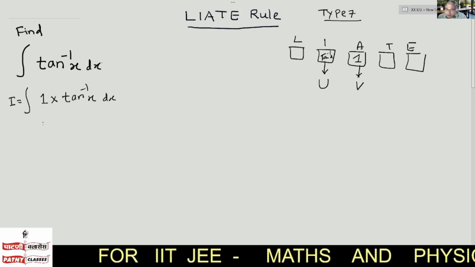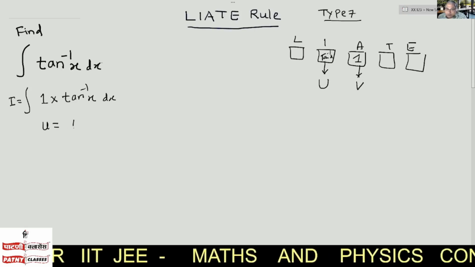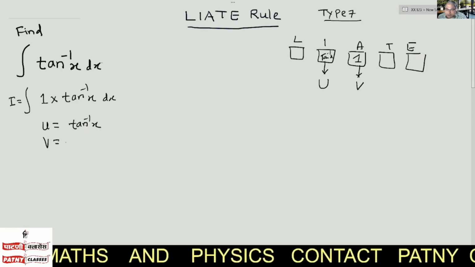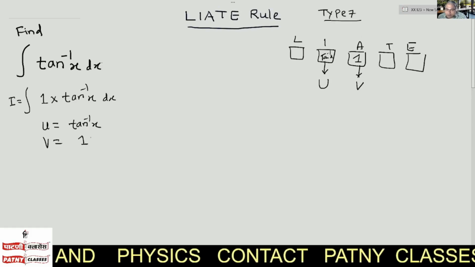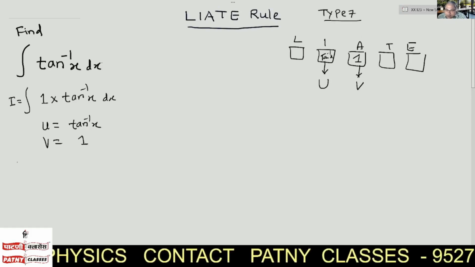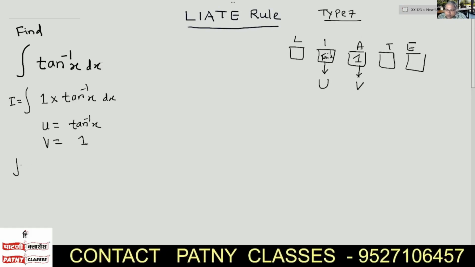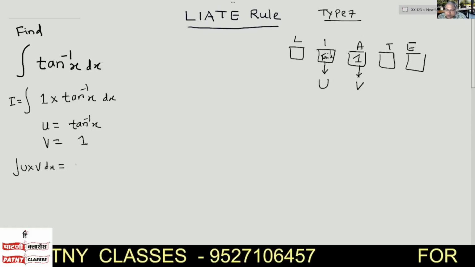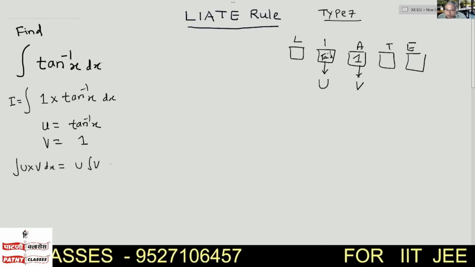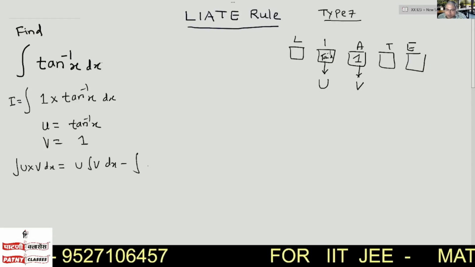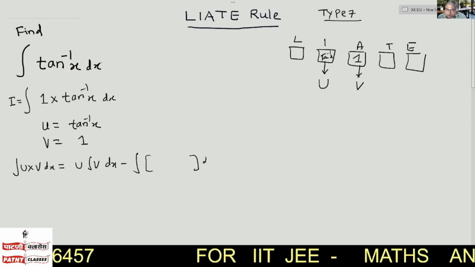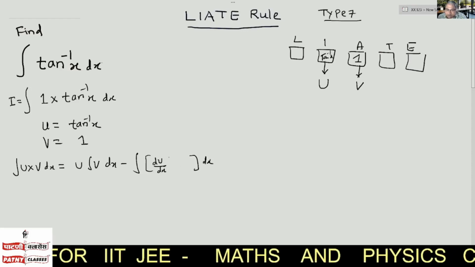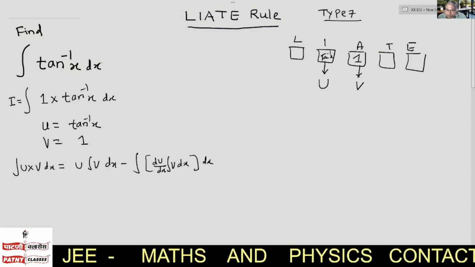Therefore, in this question, u equals tan inverse x and v equals 1. Here, applying the formula, integration of u into v with respect to x equals u integration of v dx minus integration of box, and inside the box I have du by dx integration v dx.